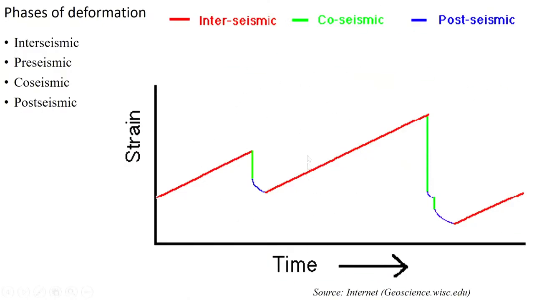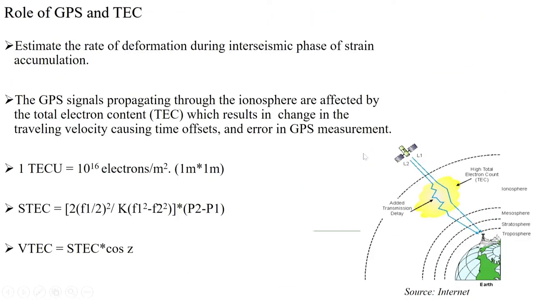You must be aware of that: this is the interseismic stage, this is the co-seismic, and this is the post-seismic relaxation. If you can see the small interseismic, and the bigger interseismic, it means the bigger one has stored more elastic energy, and the smaller one has stored less elastic energy as compared to this time period.